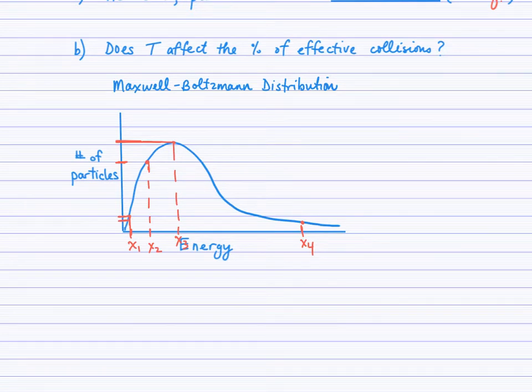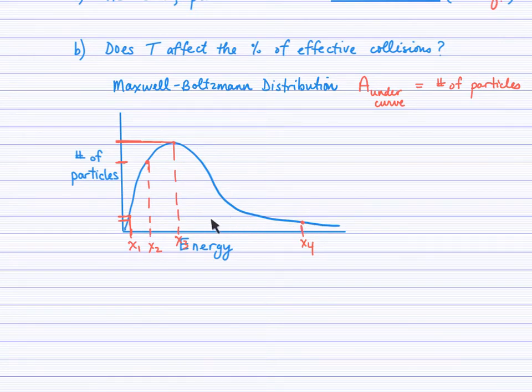So what's important to remember with this distribution is that the area under the curve is telling you about the number of particles. So what do I mean by that? Well, how many particles are in this sample? Well, that would be the entire area under this entire curve.